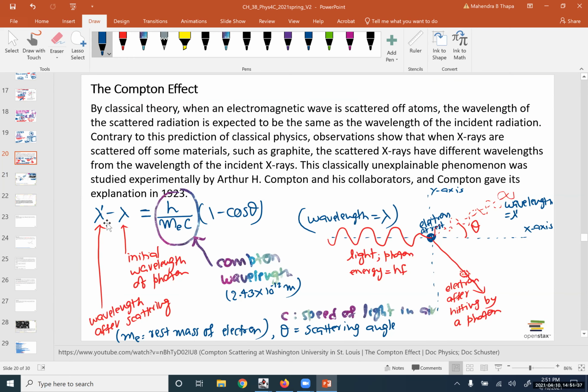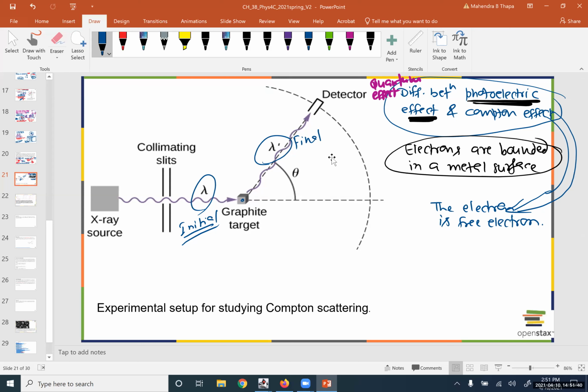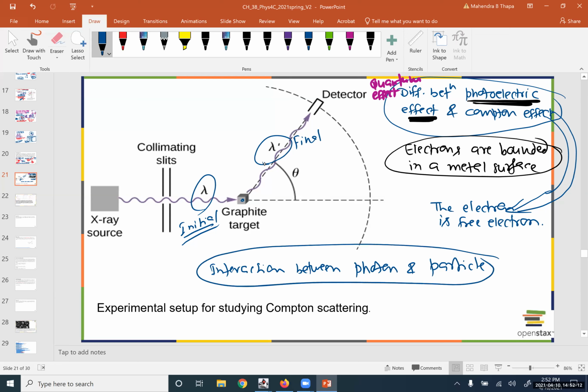The point is that the photon wavelength gets changed when it hits a particle. It's not only electrons, it can hit any particles. So this is an example of interaction between a photon and a particle. It could be an electron or anything else. So let's move forward and see.